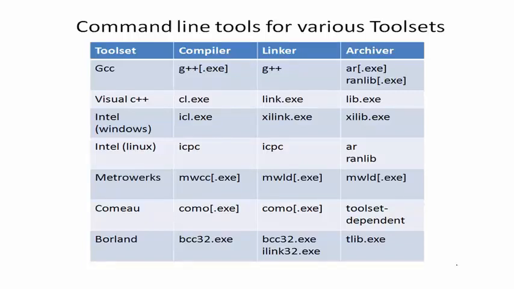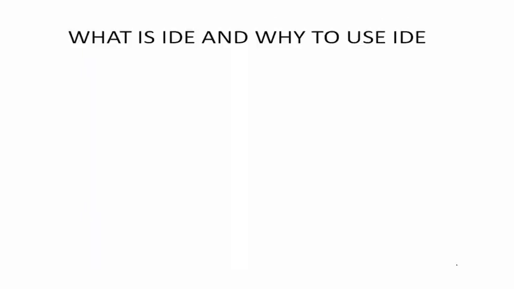Similarly, for a Visual C++ toolset, we have their specific compiler, linker, and archivers. And similarly for Intel, Borland, Metrowerks, Comeau, and all these different toolsets contain different compilers, linkers, and archivers.